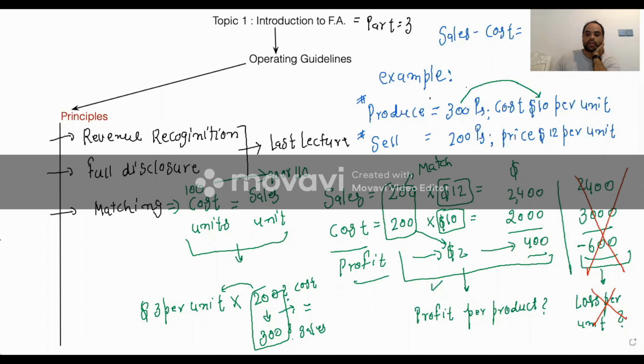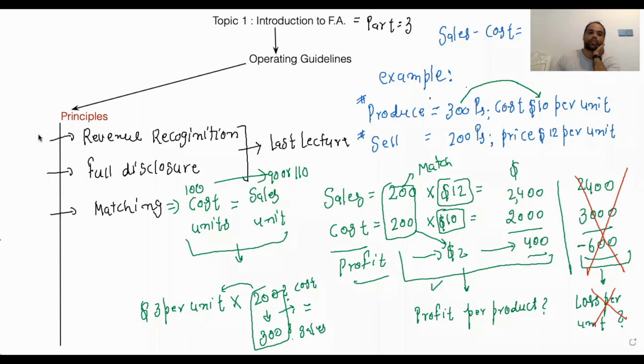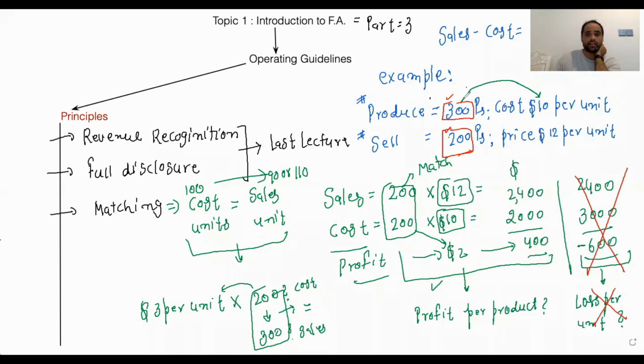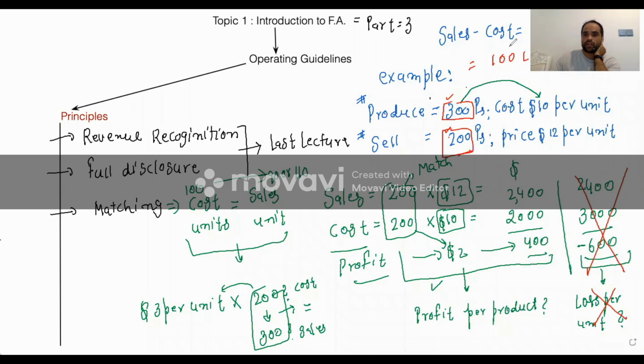Yes. Okay. Now, I have one more question for you. You can see that we used sales of 200. We produce 300, sales 200. It means the company manufactured 300 units, but sold only 200, right? So 300 minus 200, 100 is left.